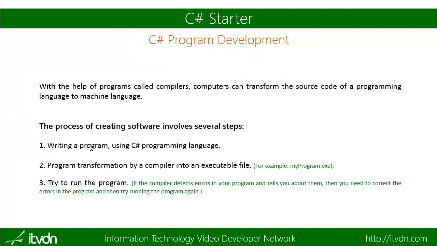The last slide was about compilers. You remember that compilers are programs which help the computer to transform the source code of a programming language into a machine language. And remember the 3 steps of creating a software. You have to write the program, then the program is transformed by the compiler into an executable file, and then you run the program.